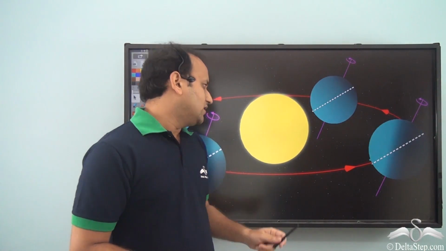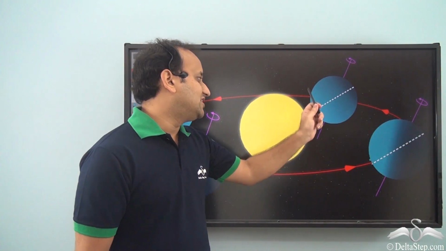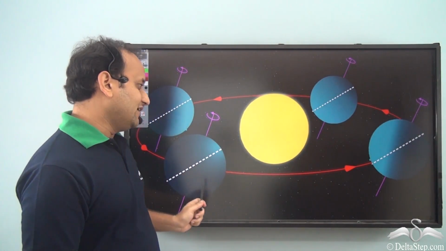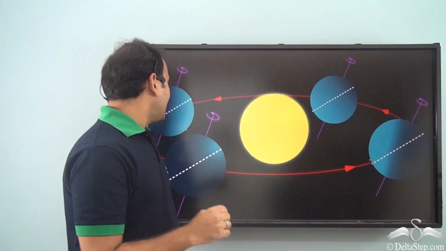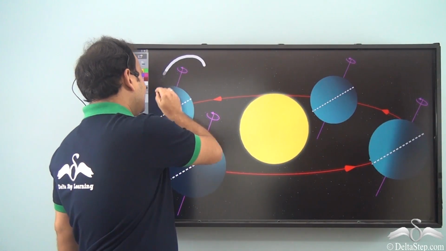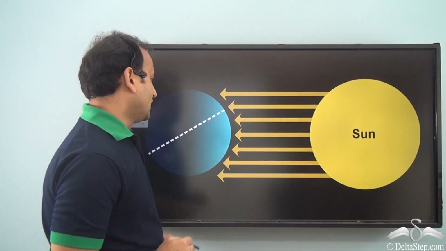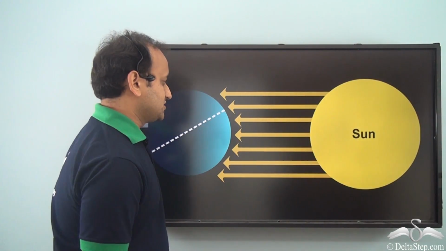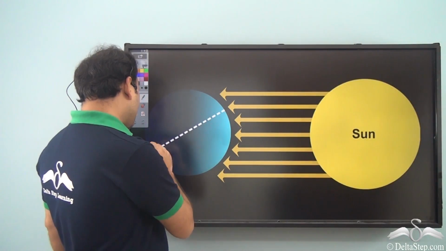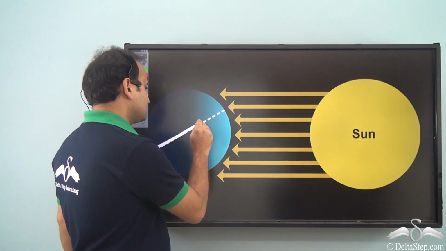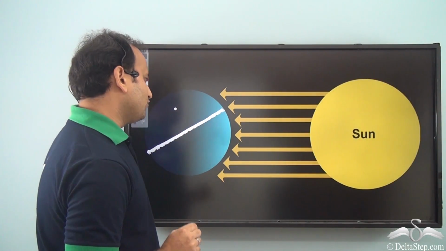So, when the earth revolves around the sun, then at different points in the year, in different months, its position is different. So what happens when the earth is at this position? Let's see closely. So when the earth is in this position, then it is getting sunlight from this side. Now, if we draw an imaginary line to divide the earth into two equal halves, then what do we see?